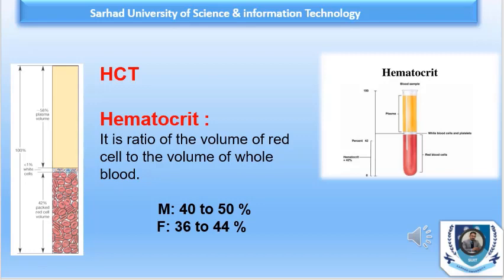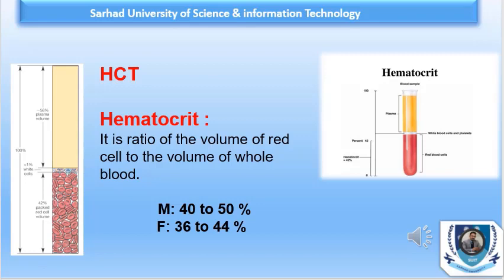For example, a hematocrit of 25% means that there are 25 milliliters of red blood cells in 100 milliliters of blood. And hematocrit or PCV is the percent of blood volume filled by the erythrocytes, and thus a measure of the oxygen carrying capacity of the blood.